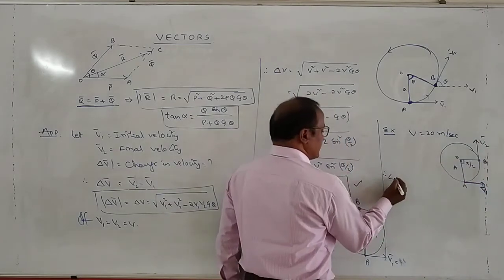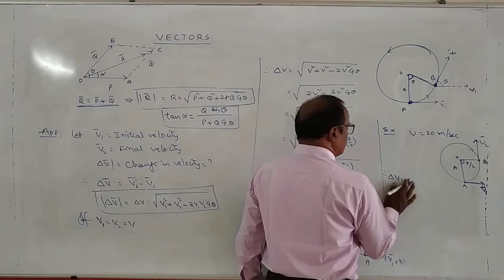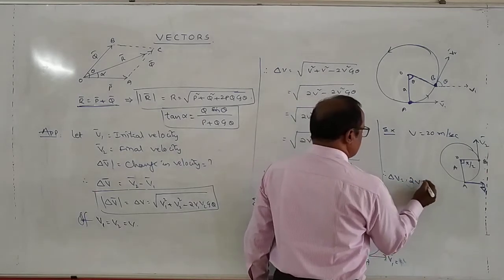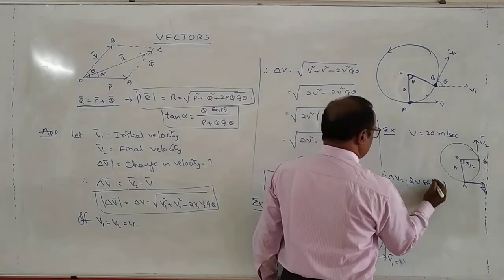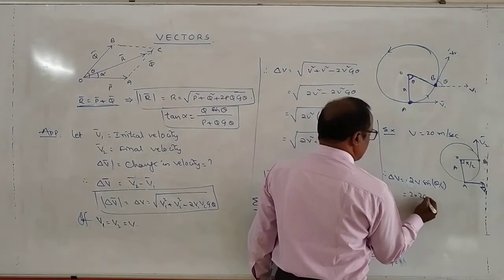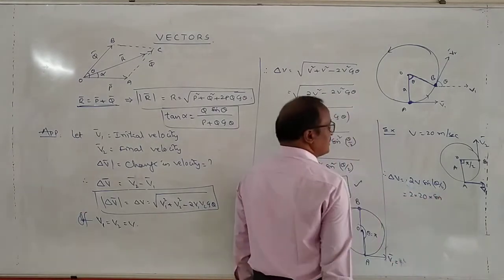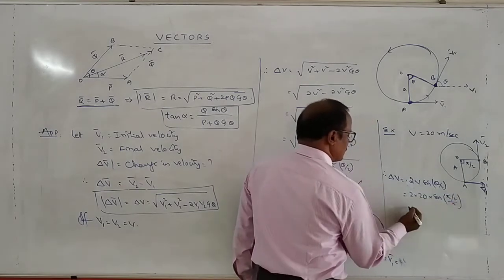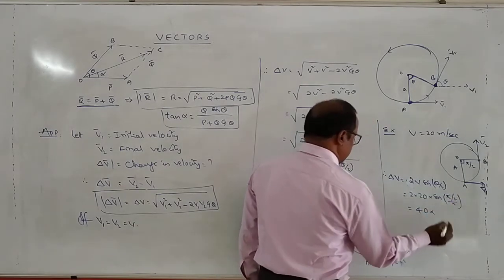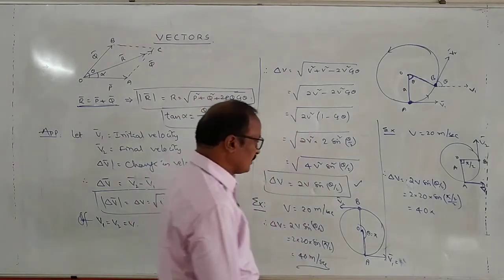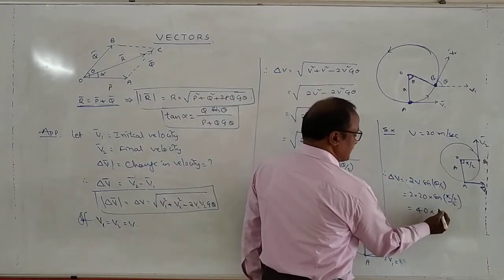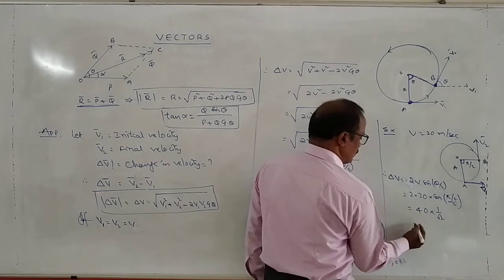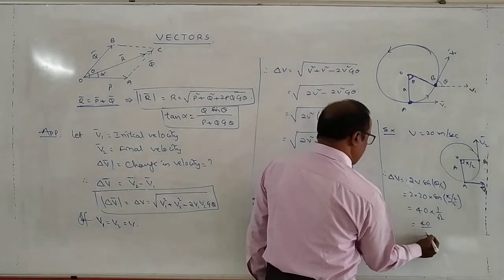Therefore the magnitude of change in velocity delta v is 2v sin theta by 2. That is equal to 2 into v into sin of (pi by 2) by 2. So that is 40 into sin pi by 4. Sin pi by 4 means 1 by root 2. So it is 40 by root 2.